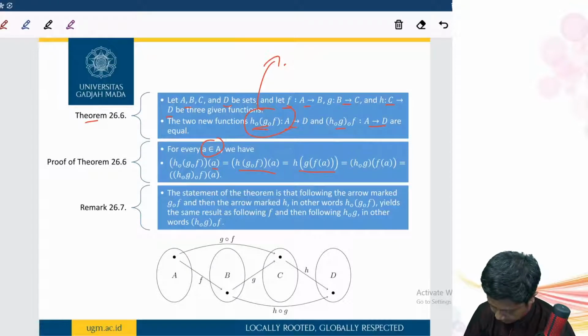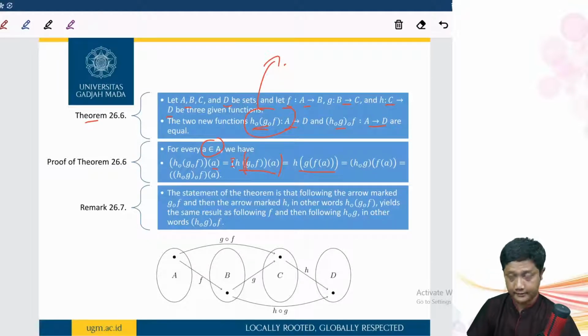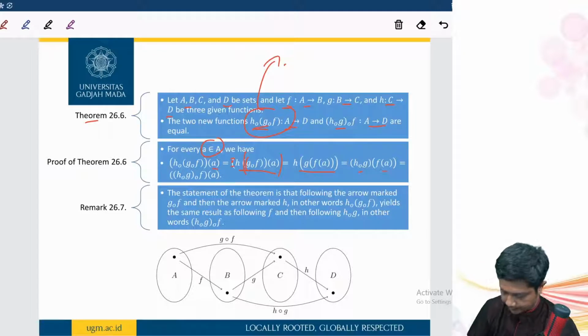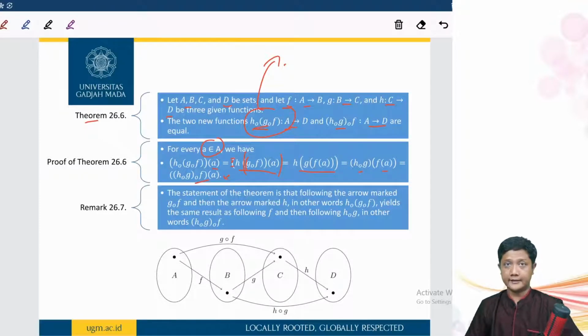Because we have the composition of g and f, this one is more clear if we write like this. Okay, so g∘f from a, more clear. And we have here, it should be clear enough, then by definition again. So it is easy to see that, yeah, the composition of functions is associative, should be simple.